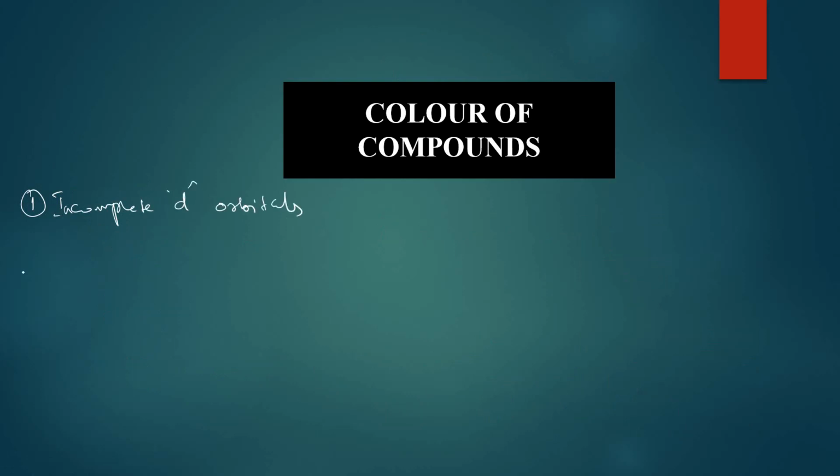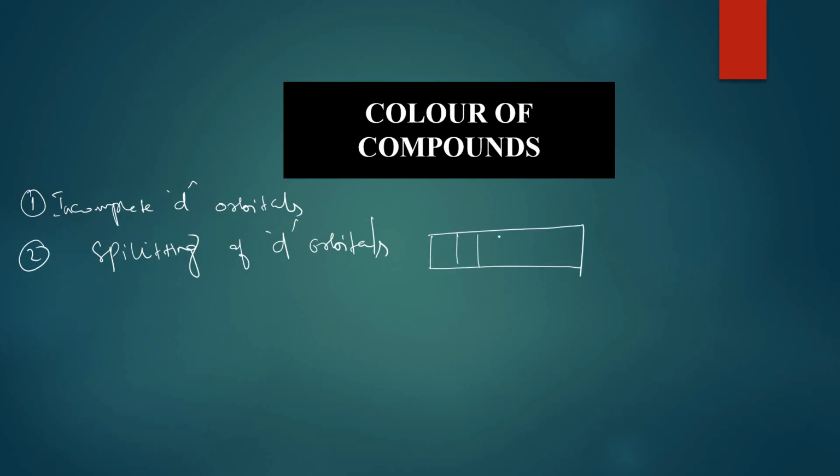And the second thing we have to understand is splitting of d orbitals. What happens? We know that there are 5 d orbitals.